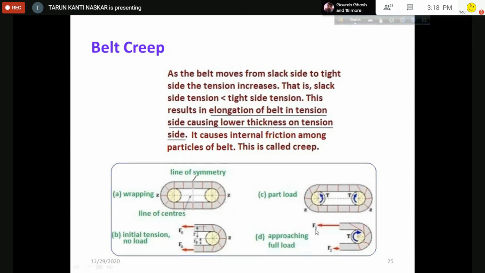And you give the full load, then the tension side particles will be stressed like this. And the very next moment when it goes to this side, then it will be compressed again. So this causes the creep of the belt, and this damages the belt. Okay, so this is called creep, and this is all about the discussion on belt and pulley.